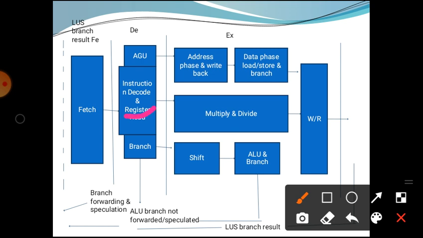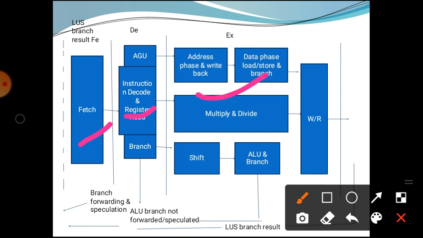After the fetching of the instruction, the decode operation can be performed. After the decode stage, the next stage of pipelining is the execute stage. Here the address or phase which is written back to the execute stage is given to the data phase and load to the store.